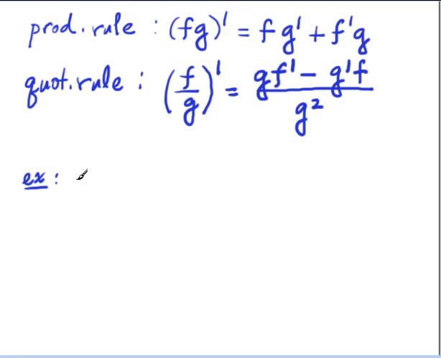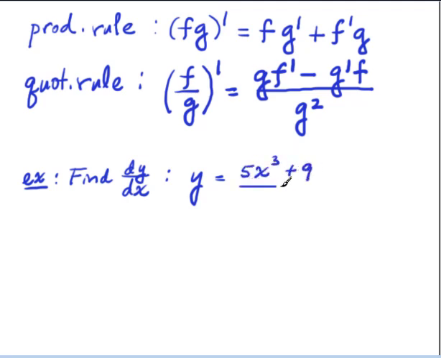We want to find the derivative dy dx, and we have y is equal to 5x cubed plus 9 divided by 3x squared plus 1.